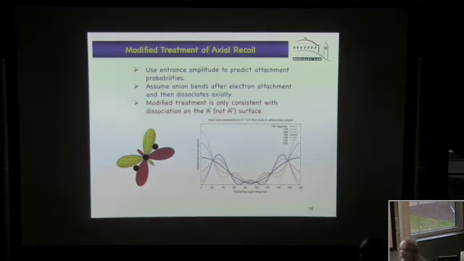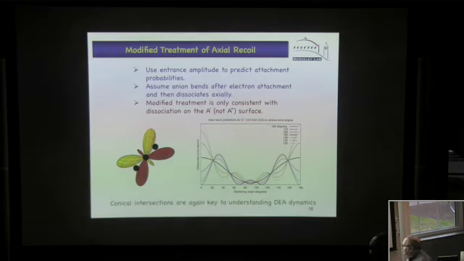And you can see at about 150 degrees, which is 30 degrees off linear, which is what the experiment shows is happening, you get a distribution that looks pretty much like what these guys measured. So the trick is that this only works if you assume the molecule bends and then dissociates on one component of the resonant surface, A prime, not A double prime.